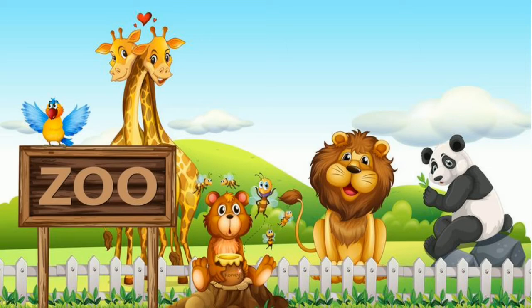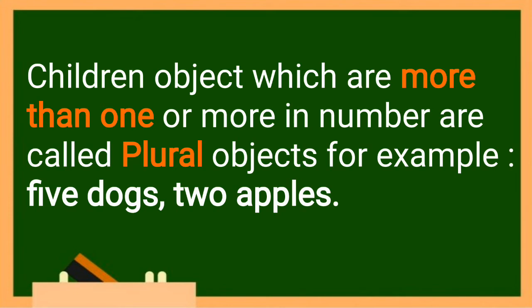It is in the blue color. So, the bird is singular. Children, objects which are more than one or more in number are called plural objects. For example, 5 dogs, 2 apples, like this. Okay.